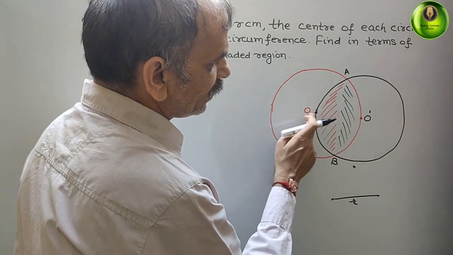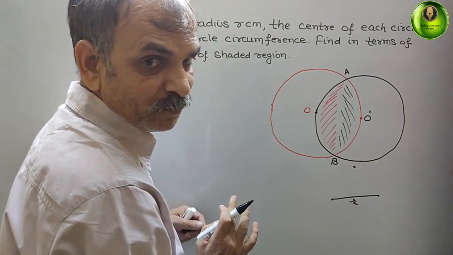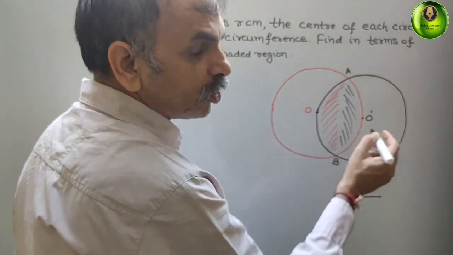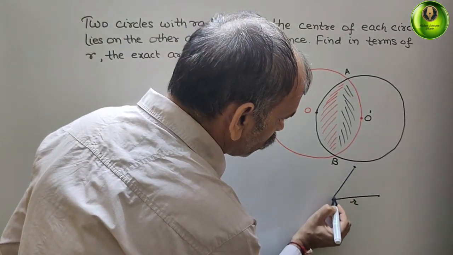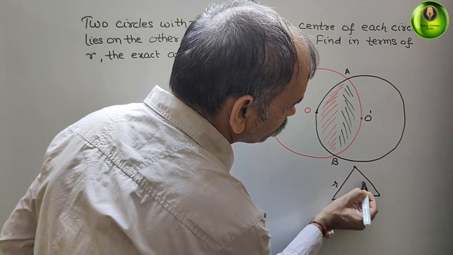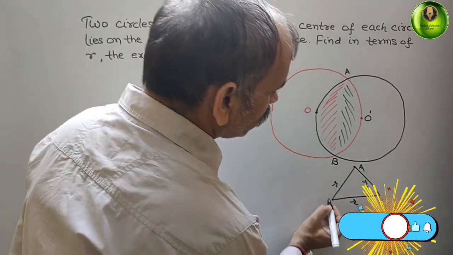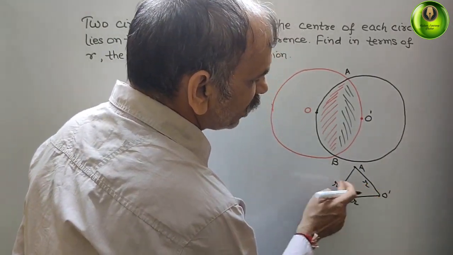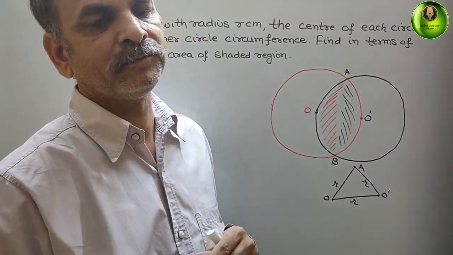If you see the red, this is the center and that is the radius. And if we join here, that is also a radius. That means this is also a radius, this is also a radius. So this point is your A now. So here comes O, here comes O dash. So if you see, this is nothing but an equilateral triangle.